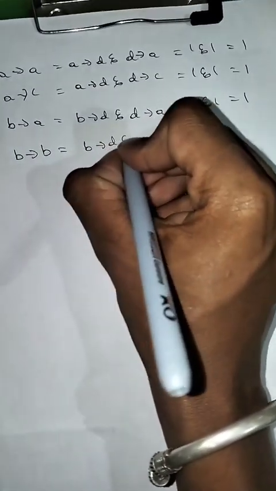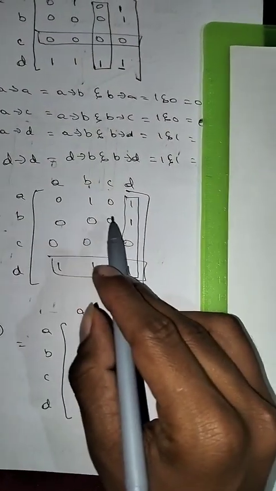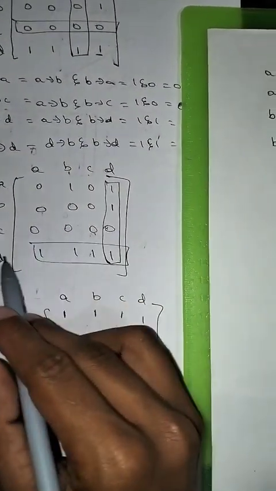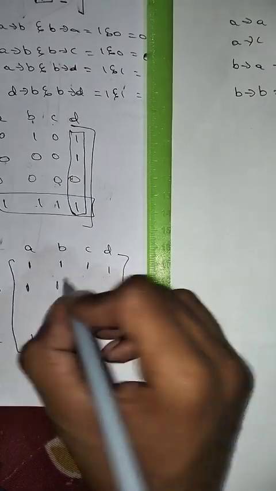B to B, with respect to D, B to D and D to B. That is B to D is 1. D to B is 1. So 1 and 1 we get 1.